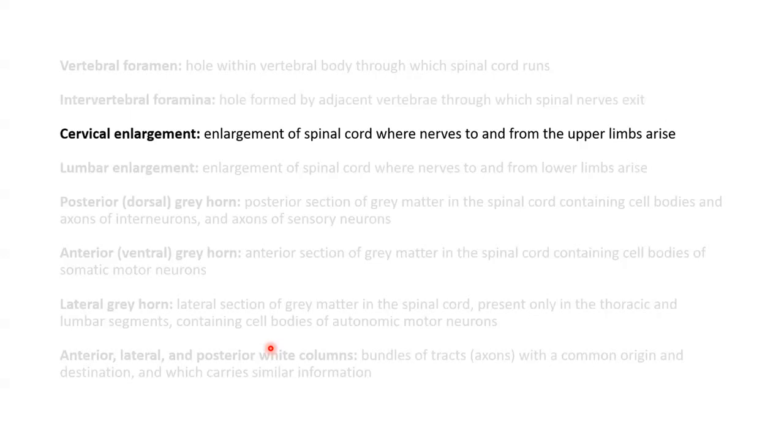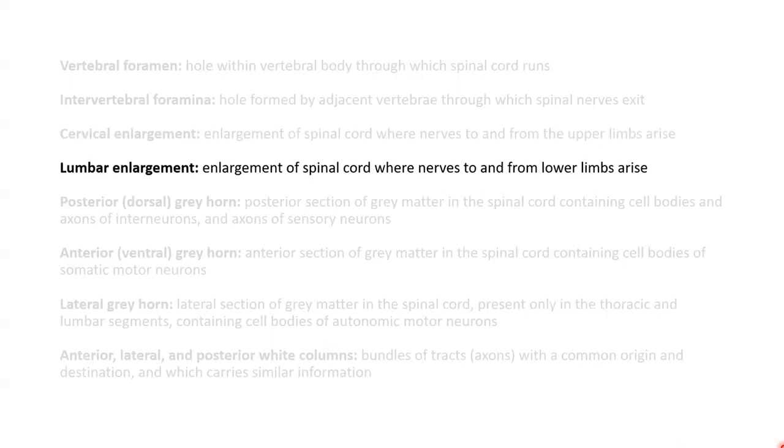The cervical enlargement, which is the thickening of the spinal cord where nerves to and from the upper limbs arise. The lumbar enlargement is that thickening a bit lower down in the spinal cord where the nerves to and from the lower limbs arise.